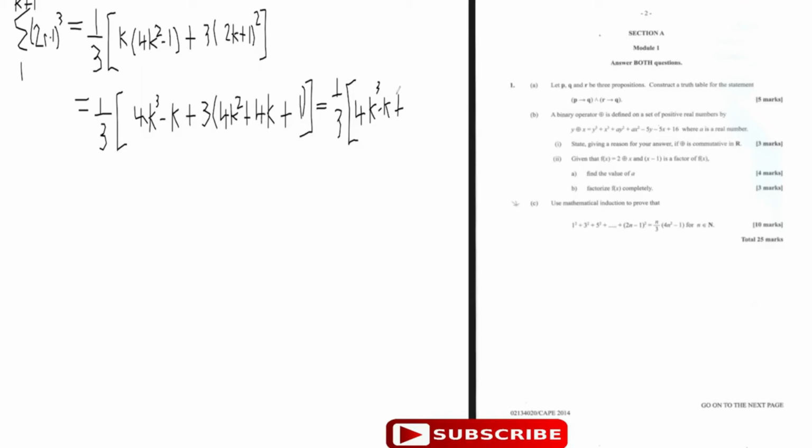So we're getting 12k squared plus 12k plus 3. Nice and easy.